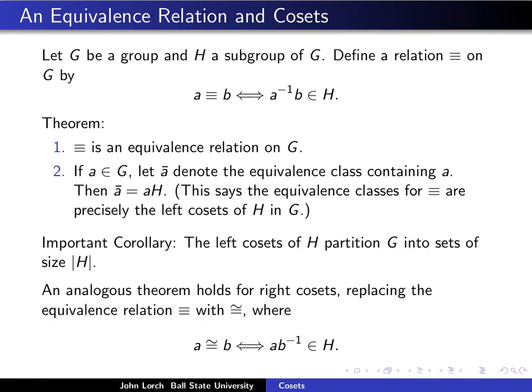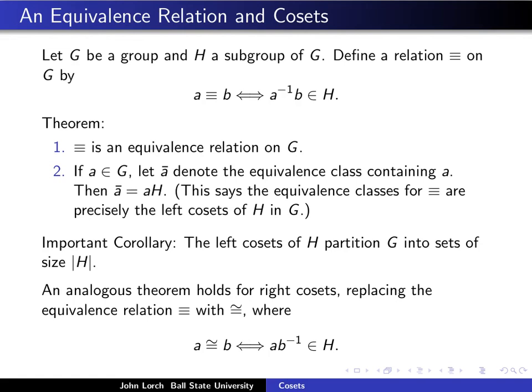This theorem we've been discussing has an important consequence. To understand that, remember that when you have an equivalence relation on a set, and you look at the equivalence classes, those equivalence classes will always partition the set, meaning that you can express that set as a disjoint union of equivalence classes.